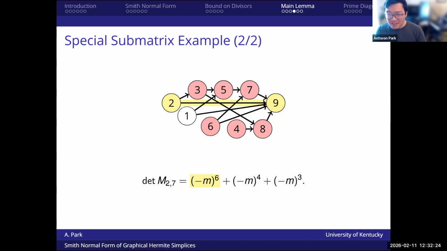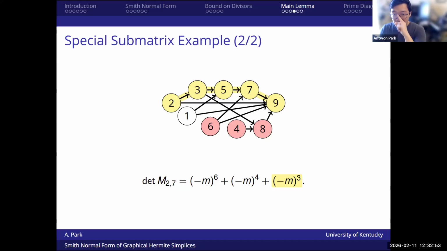I can do a little bit of a zigzag where I can go 2, 3, 8, 9. So that's going to mean I'm missing out on 4 vertices total here. So that's a negative m to the 4th. And then finally, I have this long path along the top of 2, 5, 2, 3, 5, 7, 9. I am missing out on 4, 6, and 8. So I get a negative m cubed as the final term in this determinant.